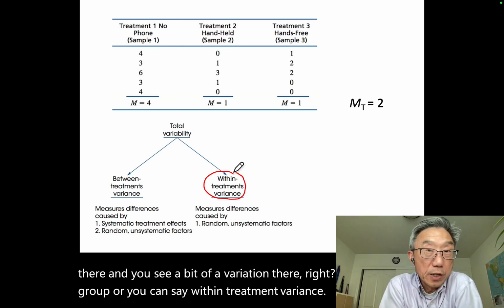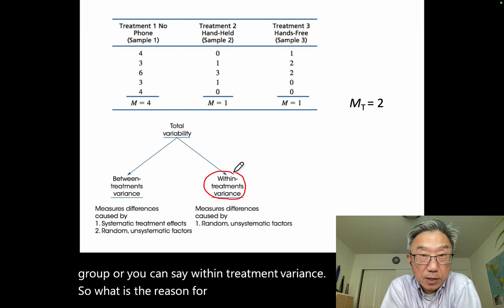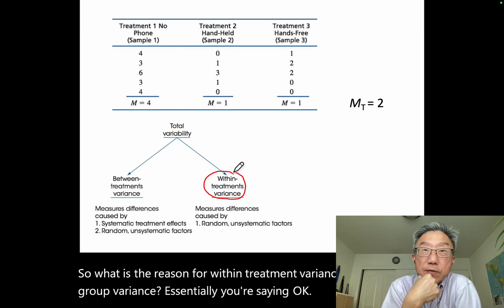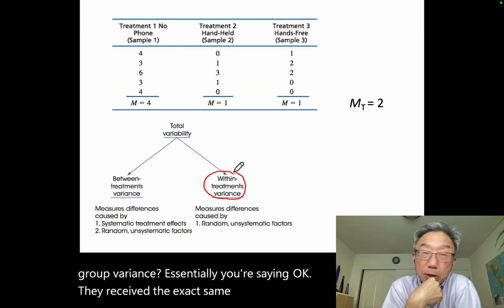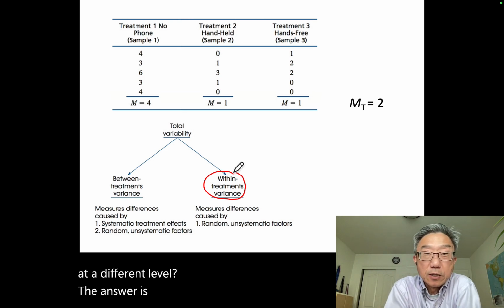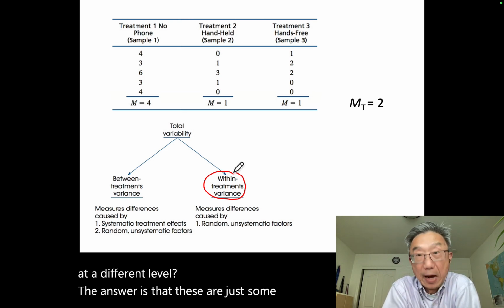So what is the reason for within treatment variance, for within group variance? Essentially, they received the exact same treatment, but why do they perform at a different level? The answer is that these are just random, unsystematic factors.